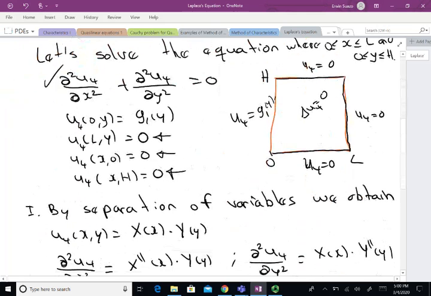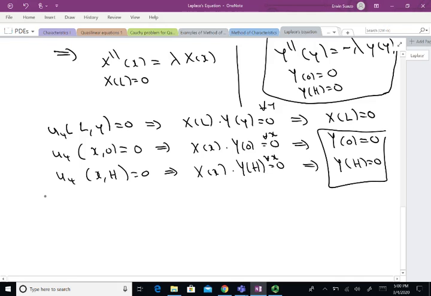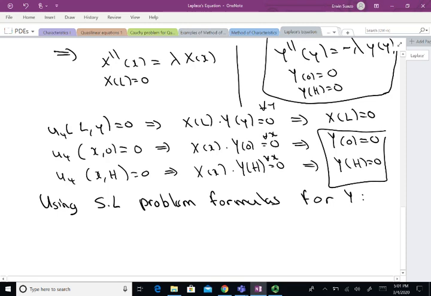So using a Sturm-Liouville problem, formulas for y, we get the following. So we said the lambda is going to be (n pi over h) squared, right?